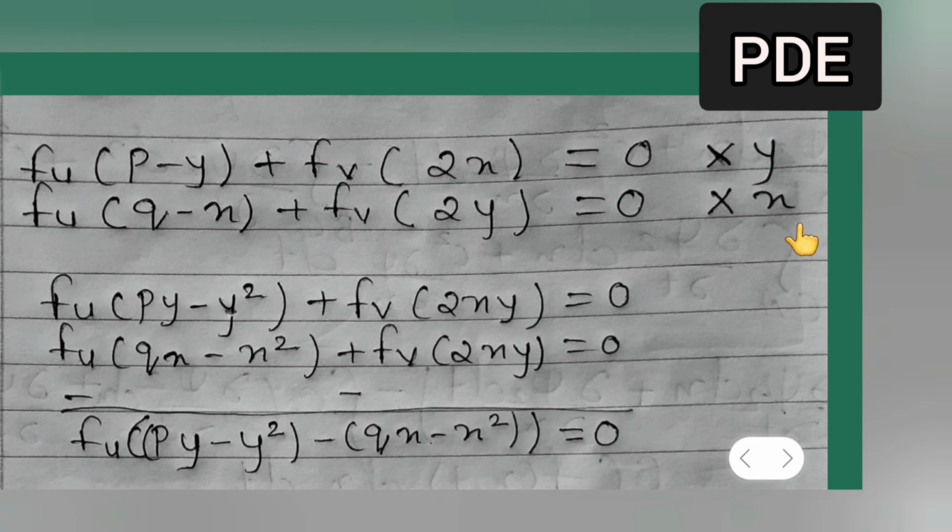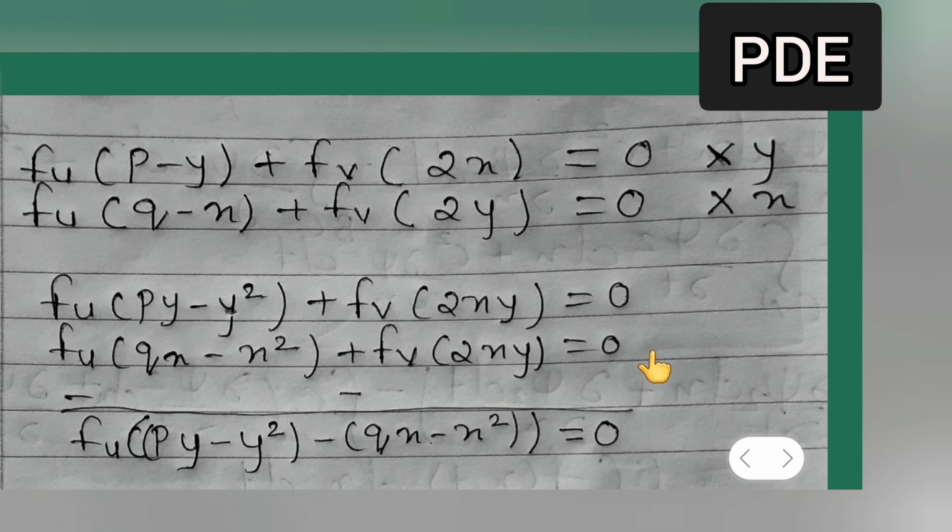So if I multiply this with y, what I am going to get is f_u into (py minus y square) plus f_v 2xy is equal to 0. f_u (qx minus x square), meaning I am multiplying this with x, plus f_v into 2xy is equal to 0.